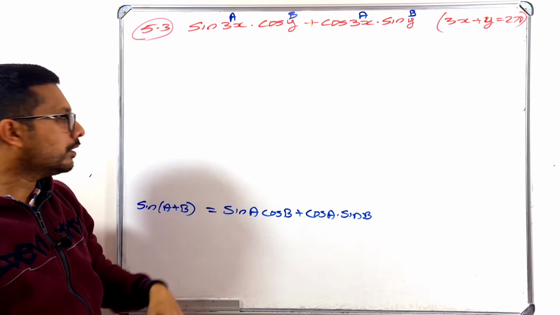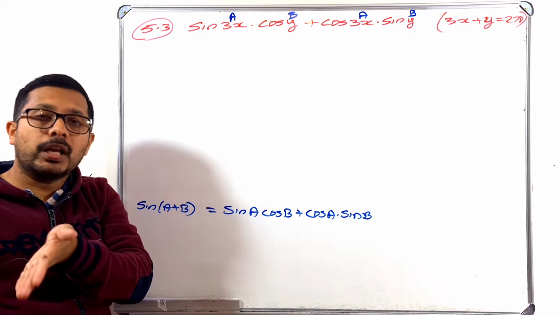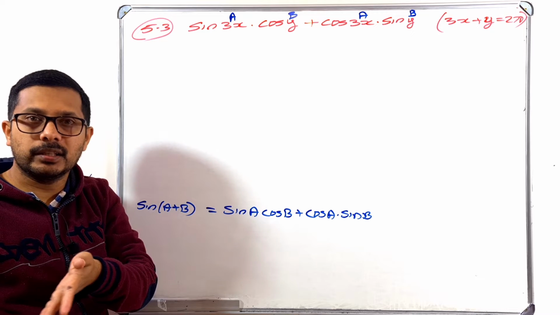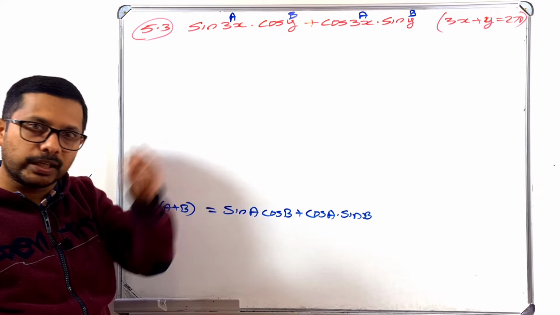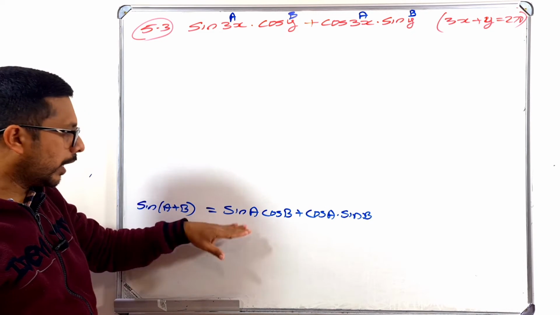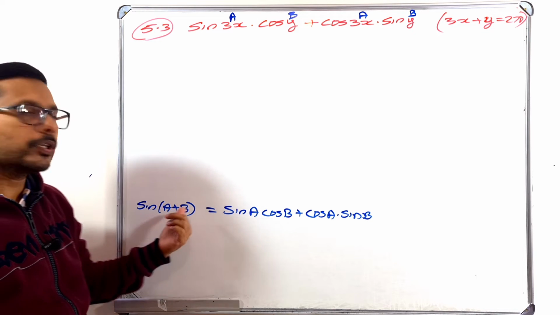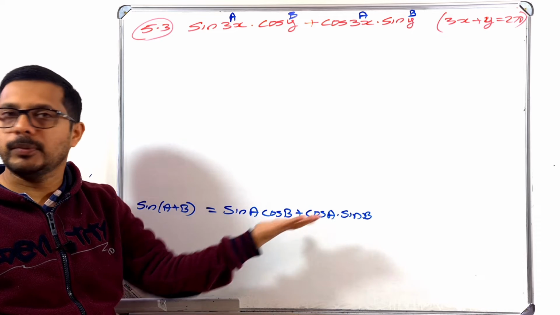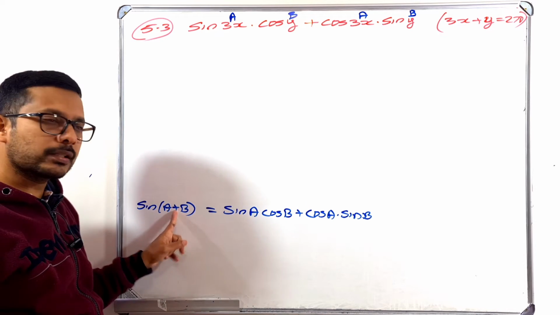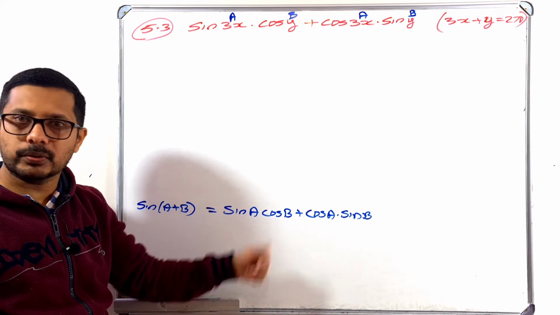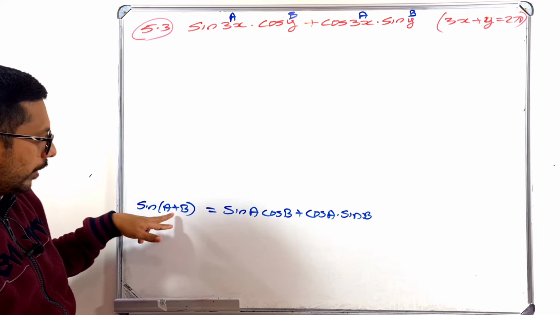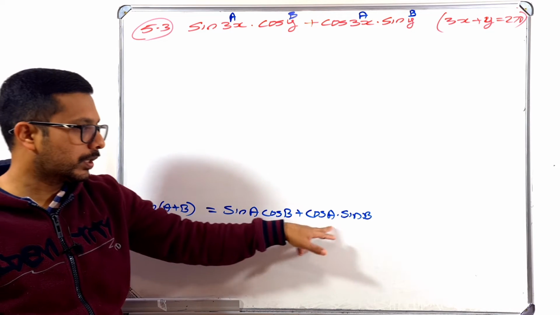If you just leave it on the formula sheet, maybe you won't get that connection. It's not a difficult formula. Sine of a plus b is sine a cos b plus cos a sine b. That's all. If here it is minus, there it is minus.